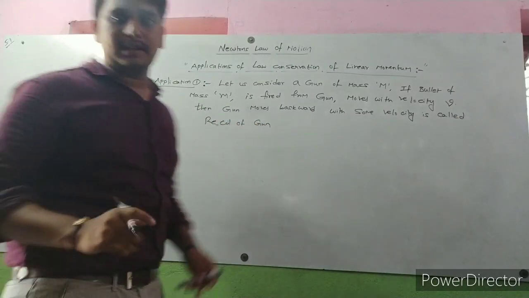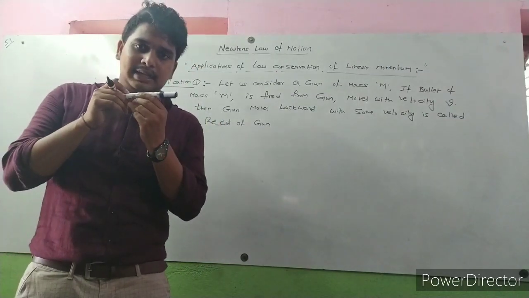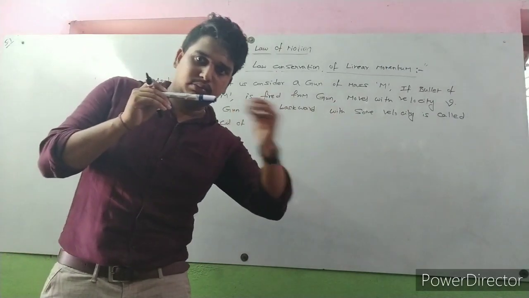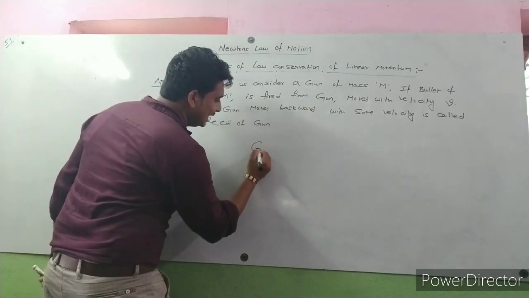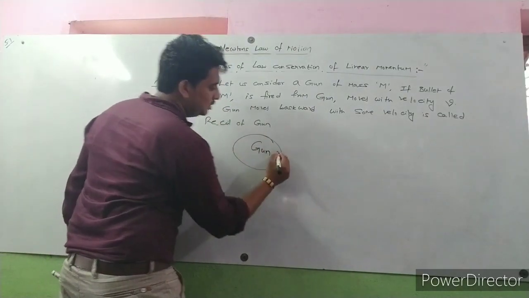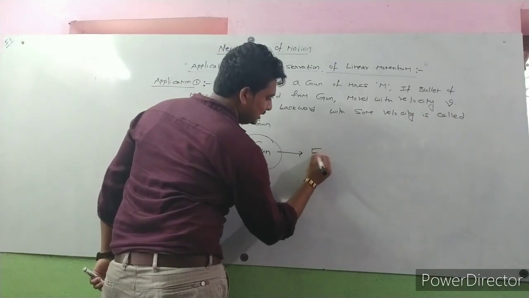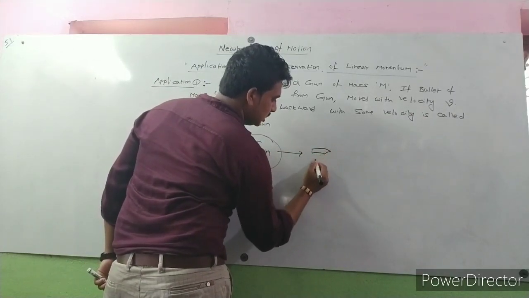Simple, don't panic here. For example, I consider a gun. So a bullet is fired from the gun. The bullet moves forward. This is a gun, and bullets are moving from this gun like this. So this is a bullet.